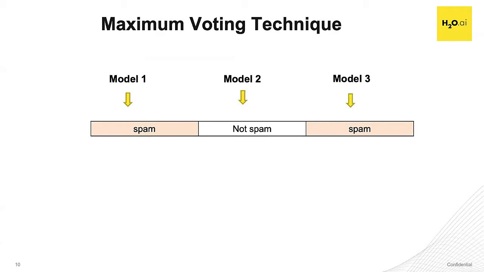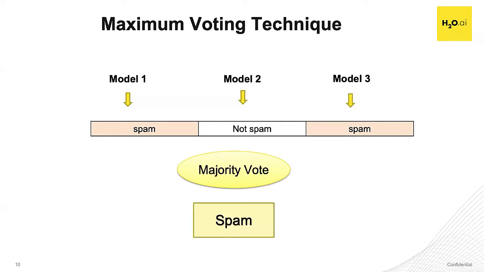And your third model again classifies that email as spam. So for a single email, 3 models have given their own predictions. Now, as the name suggests, in maximum voting the prediction by each model is considered a vote. The prediction which gets the majority of the votes is the winner. And so finally you say that yes, the email is spam. This is called the maximum voting technique.